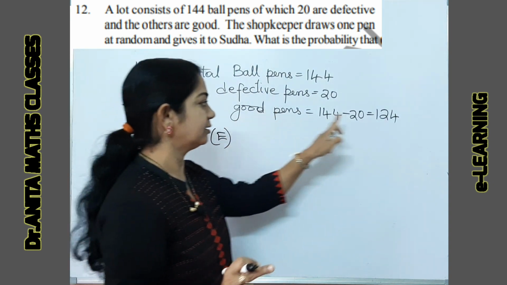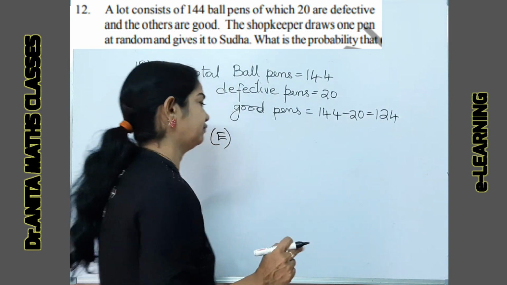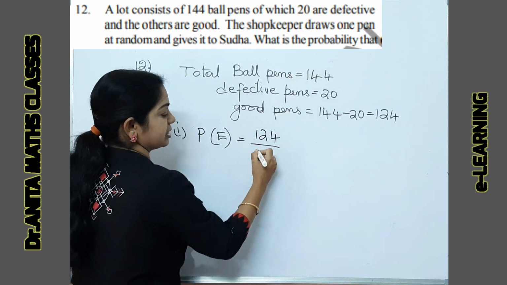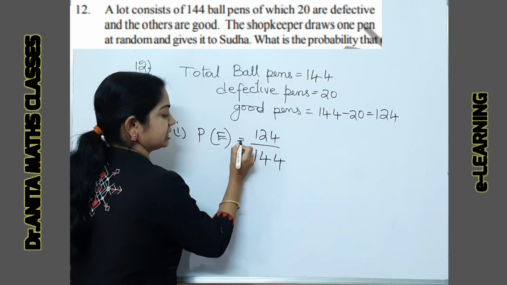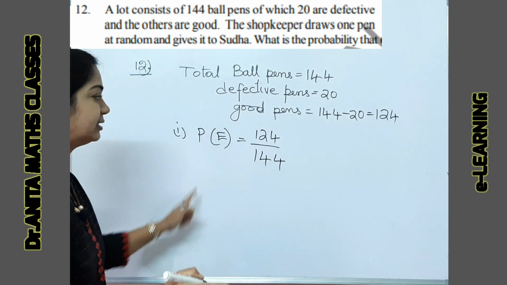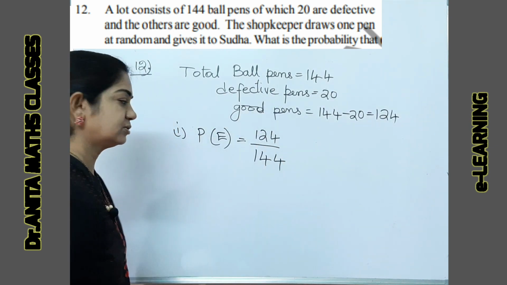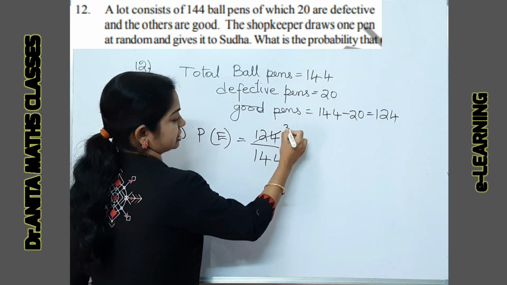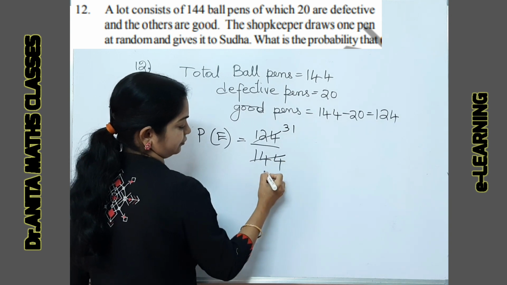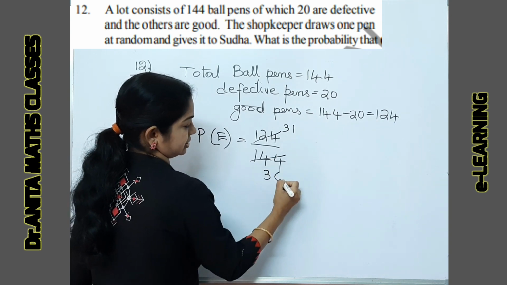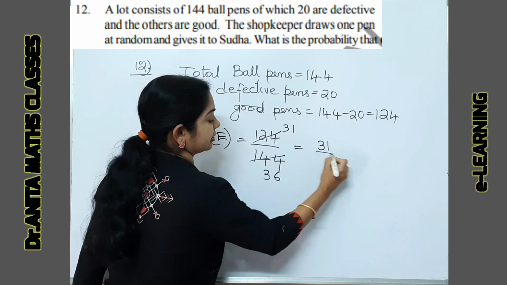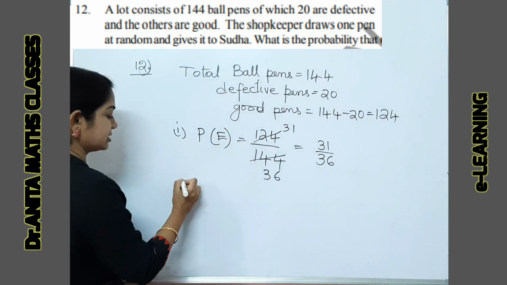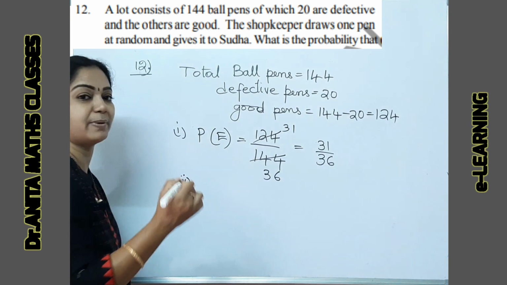When she gets a good pen, the favorable outcomes are 124, upon the total outcomes 144. Let us cancel it out: 4 threes are 12, 4 sixes are 24. So that comes to 31 by 36, the probability that she will buy the pen. Now the second probability, that she will not buy.